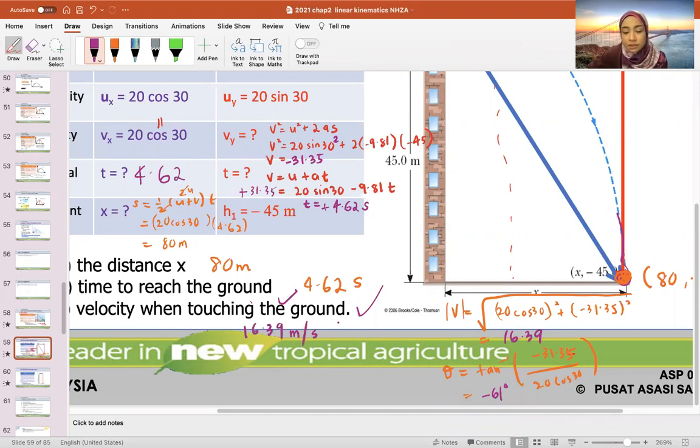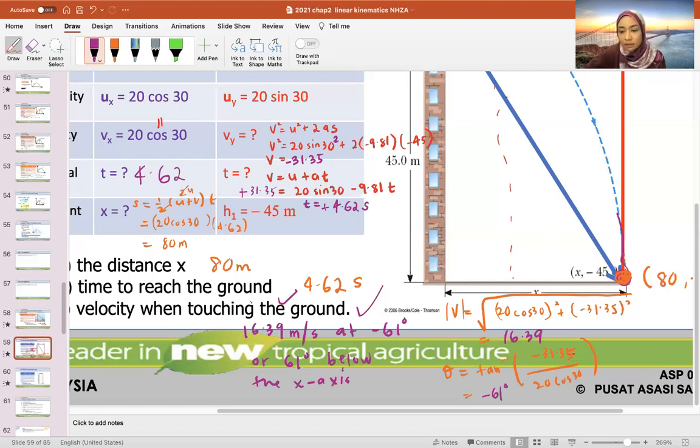Velocity, right? It has meters per second, at 61 degrees below the x-axis. Okay, what does it mean?